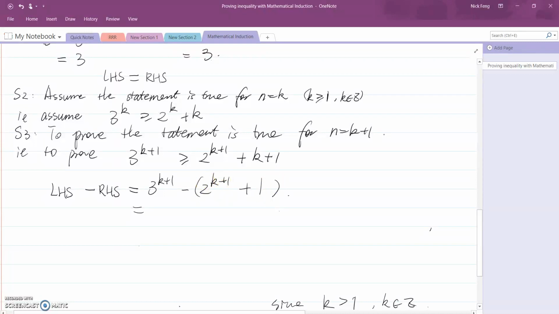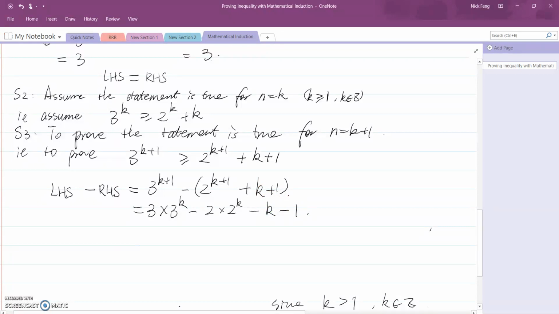In case you made a mistake, just make sure it's in brackets. Then you can expand it now. So I'll split this as usual, minus 2 times 2 to the power of k, minus k, minus 1.